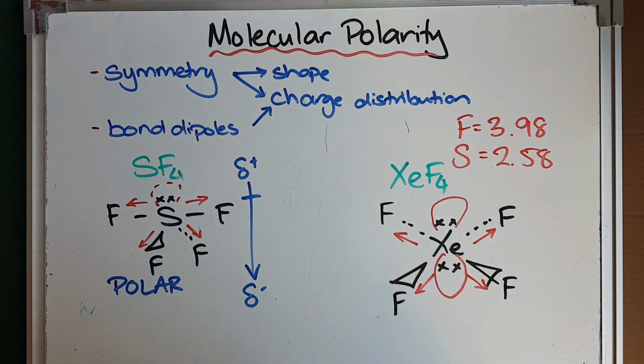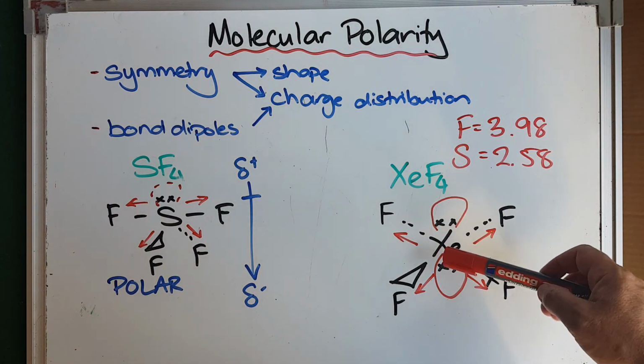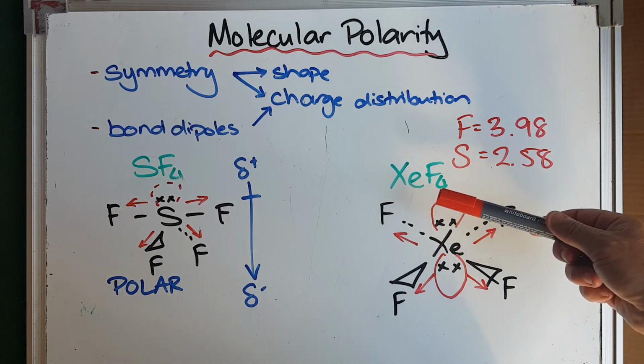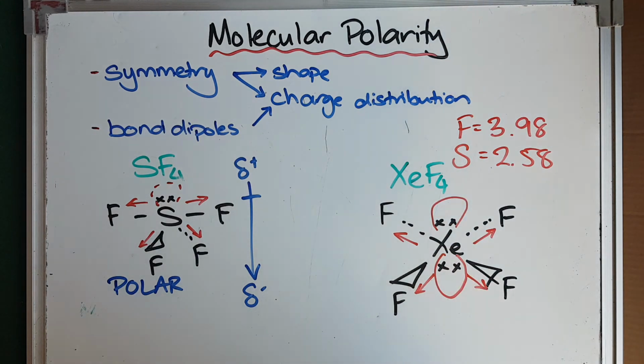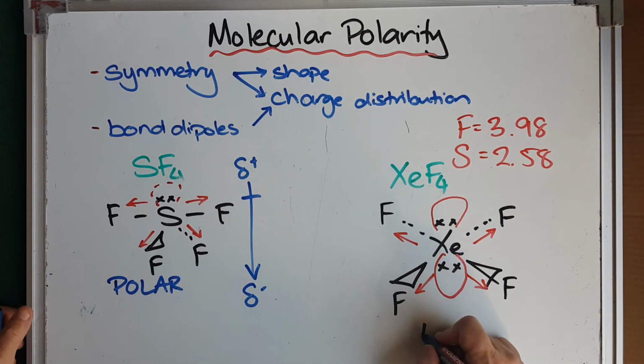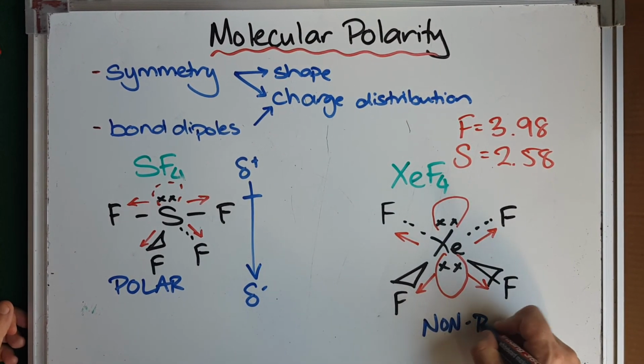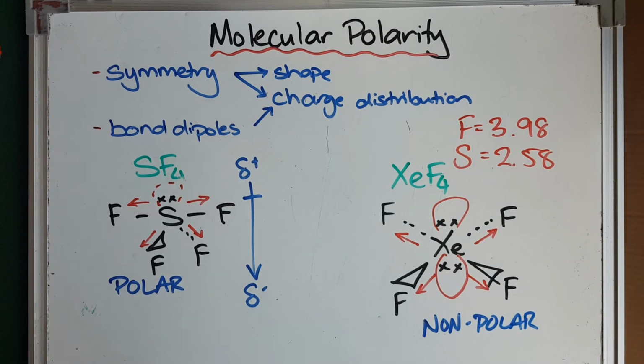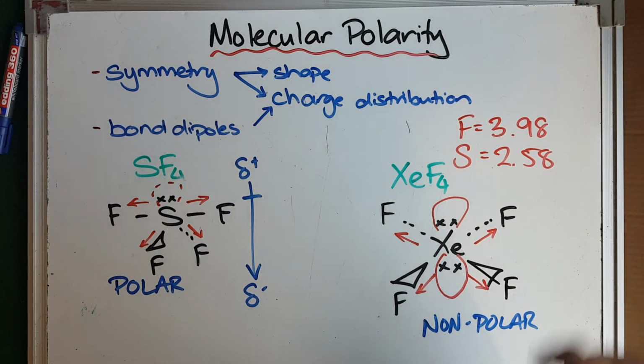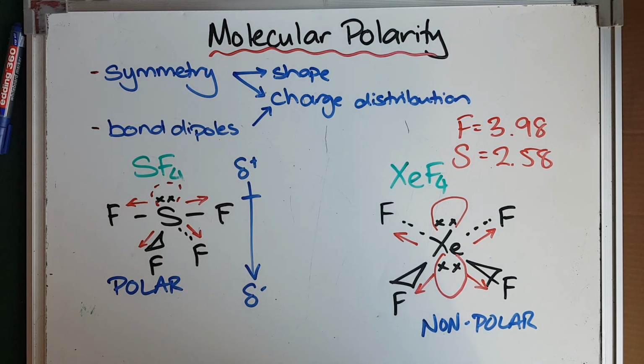You've also got some lone pairs, but because there's symmetry, there's a lone pair above the xenon and one below, this ends up being a non-polar molecule. And that's probably about as hard as they get, this xenon tetrafluoride example.